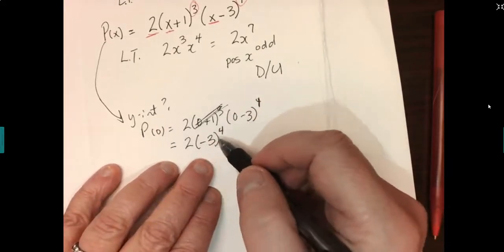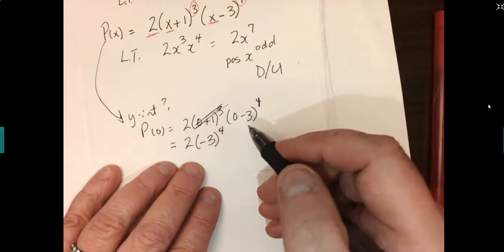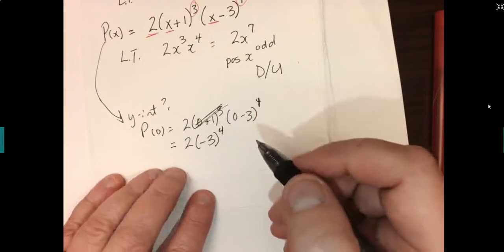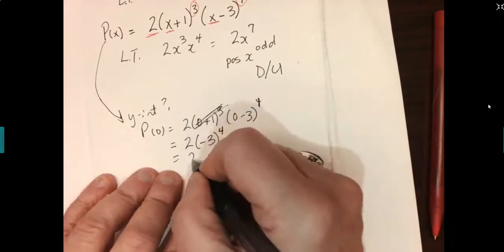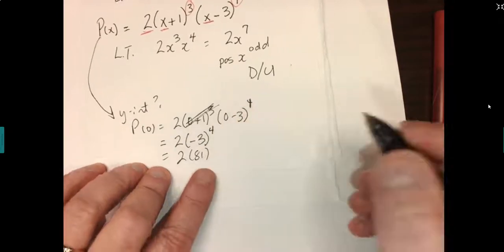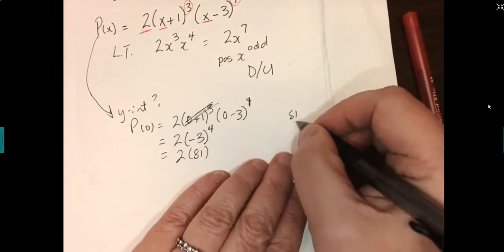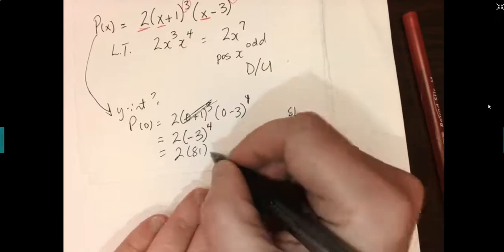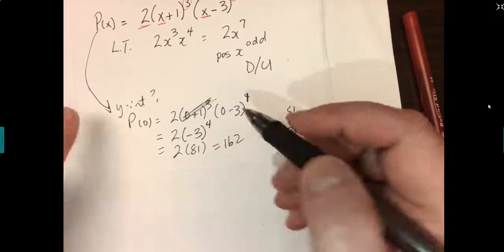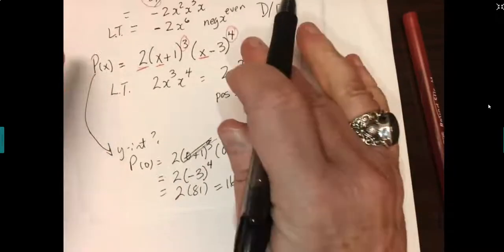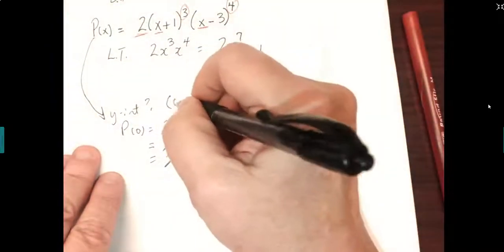But the negative sign is going to go away because the power is even. And that's going to give me 81. And then 2 times 81 is 162. So my y-intercept for this is going to be the point (0, 162).